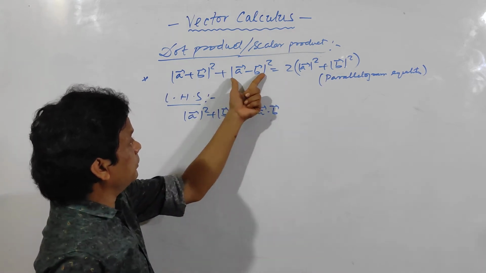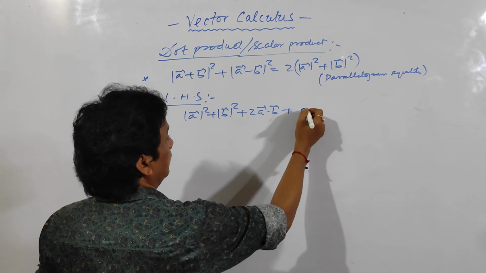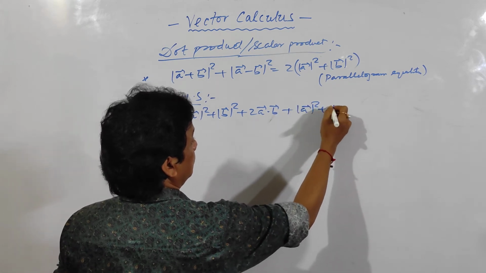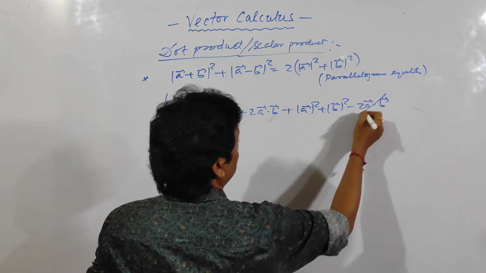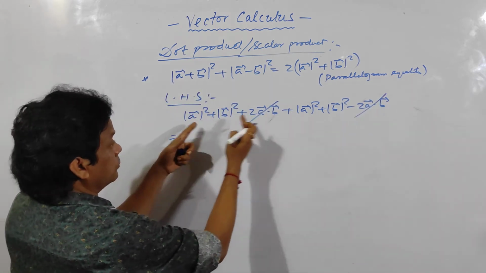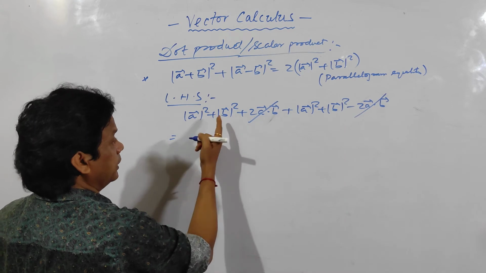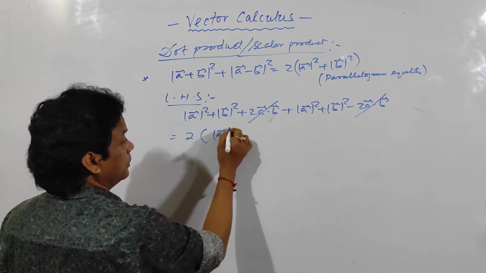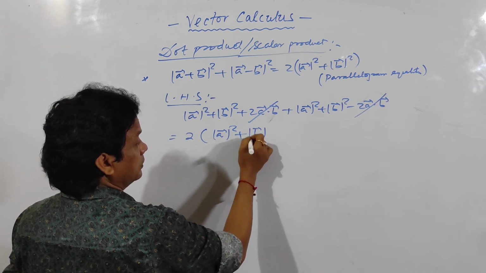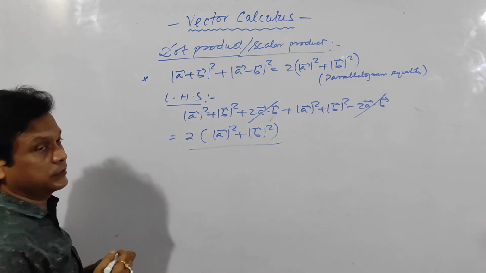And from the second property, it is known to you: |A|² + |B|² − 2 A·B. So these two quantities cancel out. |A|² + |A|² is twice |A|², and |B|² + |B|² is twice |B|². Take two common, so it will become |A|² + |B|². So this is the answer.